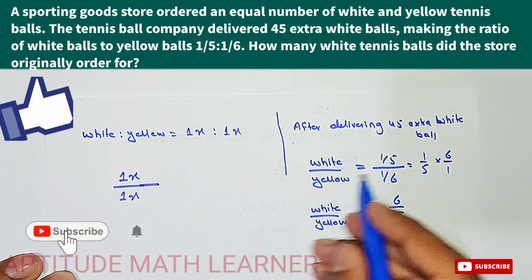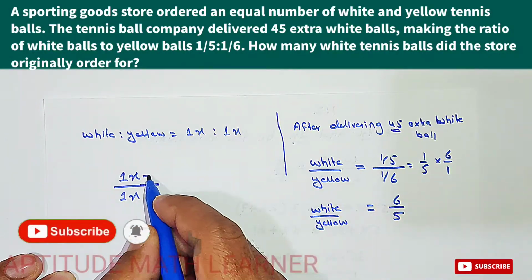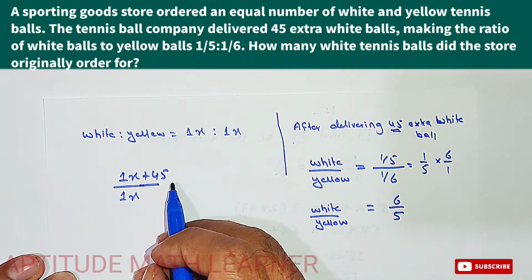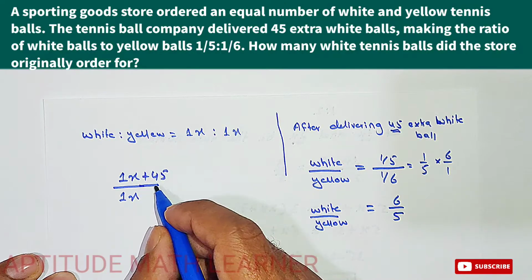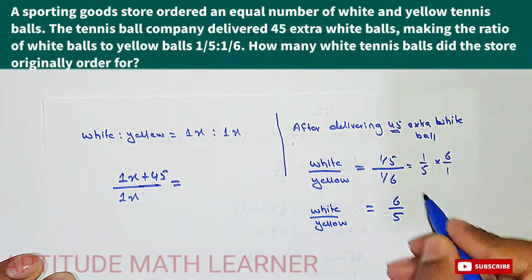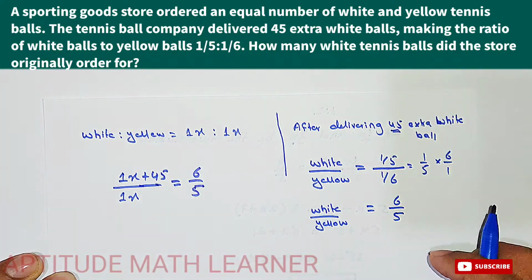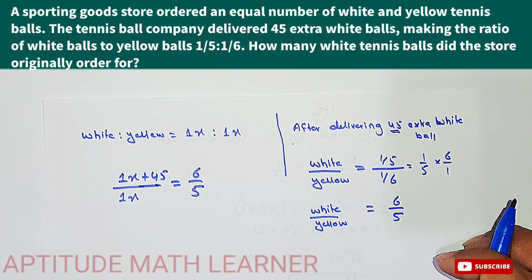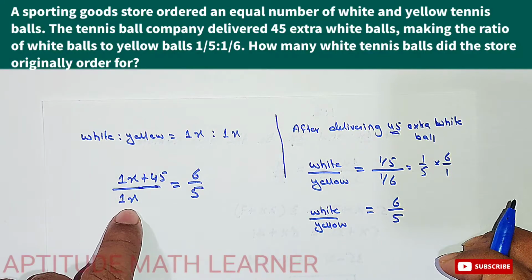But after delivering 45 extra white balls, the ratio changes and becomes 6/5. I hope you have understood it completely. So we have taken x for white as well as yellow.